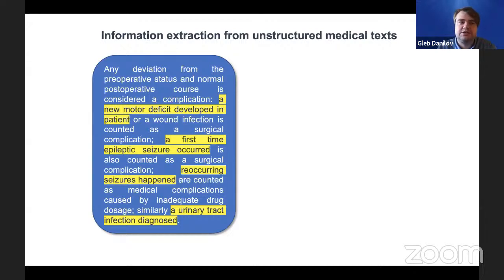Most of the studies are devoted to medical images, to this type of big data. And medical texts are something that we should really focus on because they contain a lot of useful information that we can use as a secondary source.